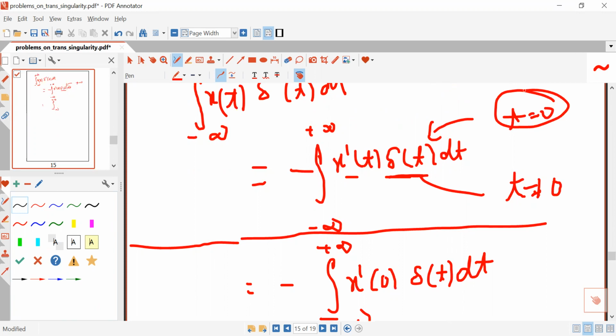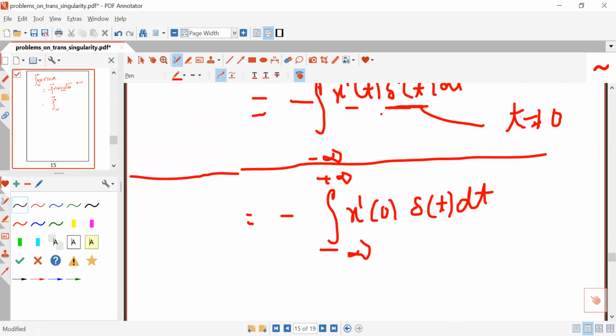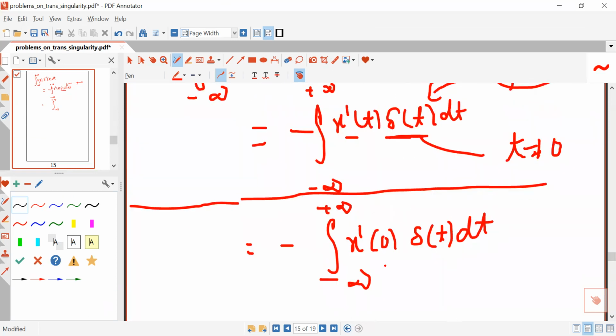Otherwise, if t is not equal to 0, it is obvious this product will be 0. Because except t equal to 0, everywhere this product value is already known and it will be equal to 0. So you can replace this product as this.